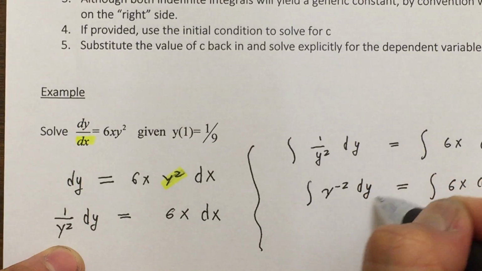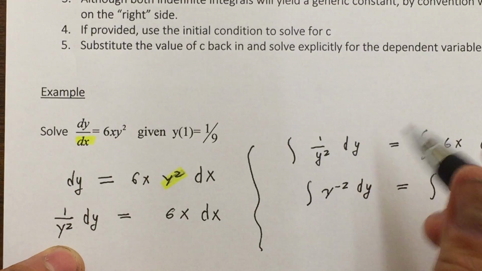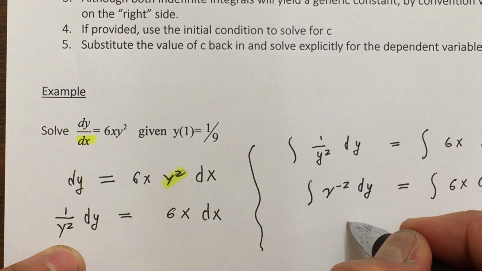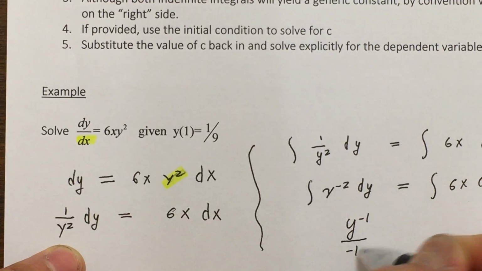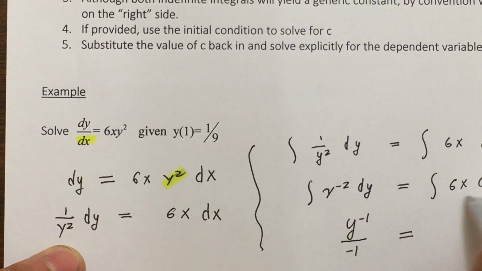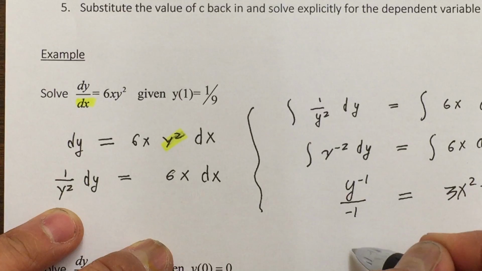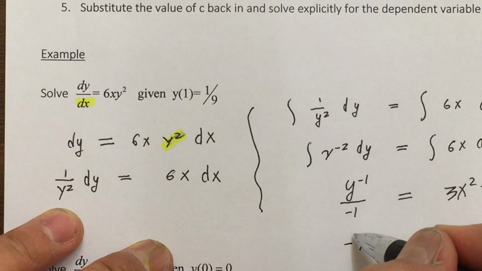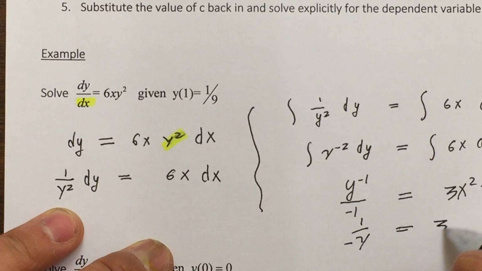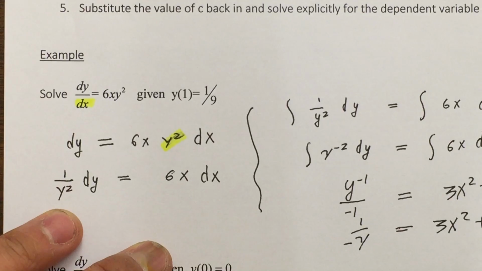And to find the antiderivative of this, you add 1 to the power, and then you divide by the new power. So when you add 1 to the power, you get y to the -1, and then you divide it by -1, right? And then when you do it over here, you get 3x squared plus c. Now when you simplify this, you will get negative 1 over y is equal to 3x squared plus c, because this gets moved down and so on and so forth.